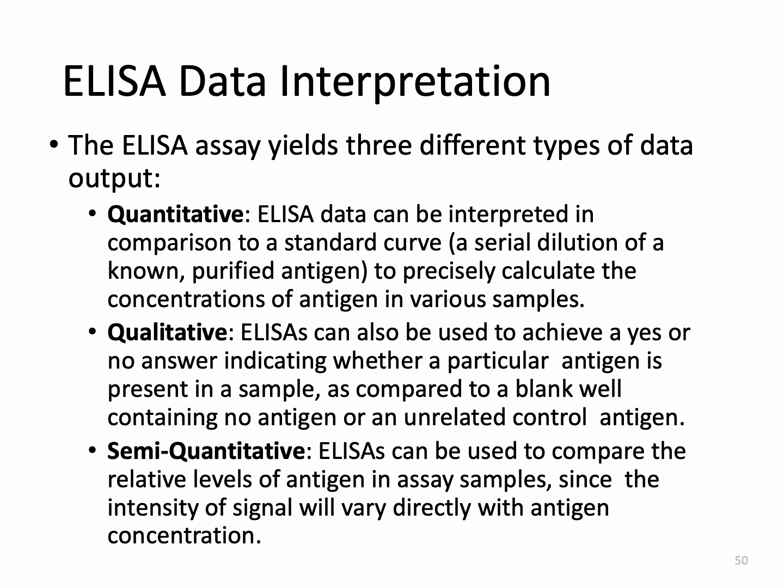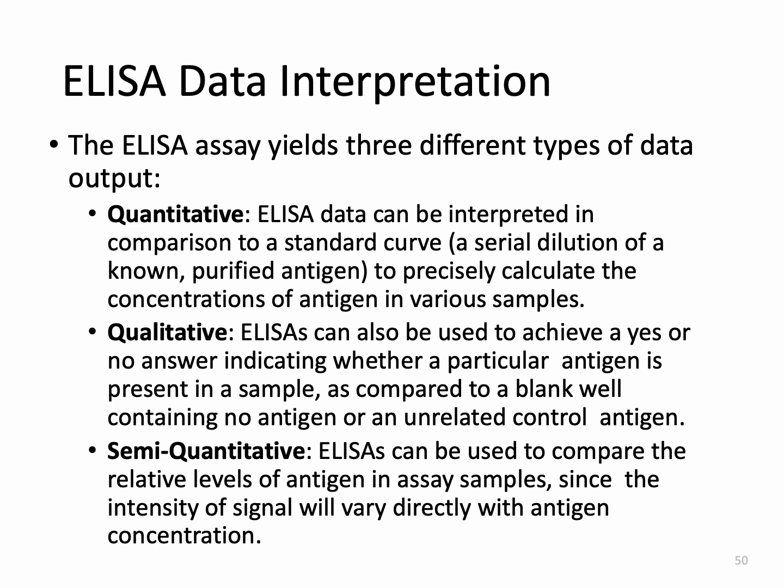We can also have an ELISA data output which is qualitative. So ELISA can also be used to achieve a yes or no answer, indicating whether a particular antigen is present in a sample as compared to a blank well containing no antigen or an unrelated control antigen. It can also be semi-quantitative.